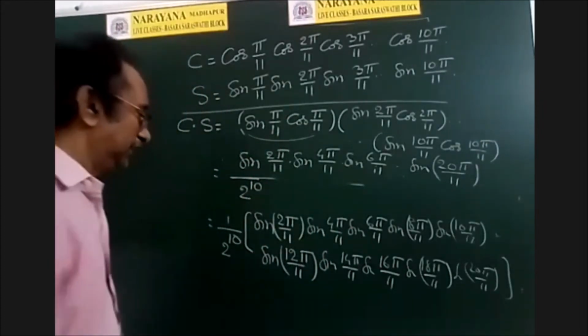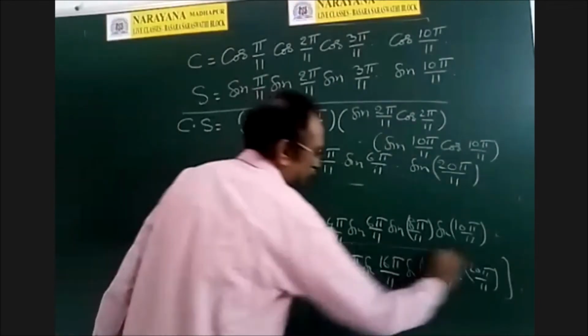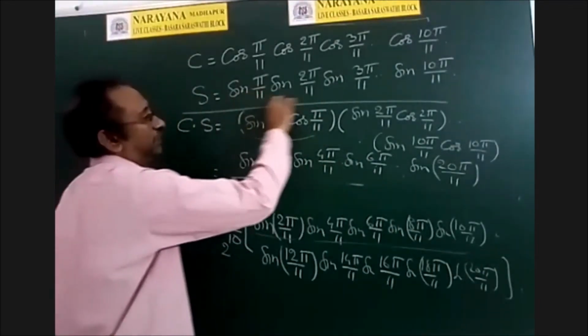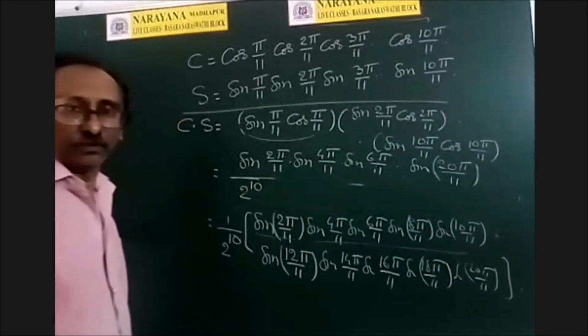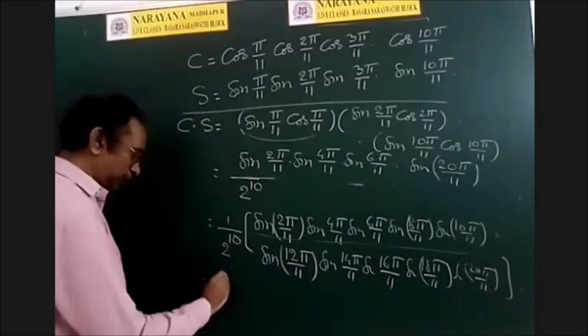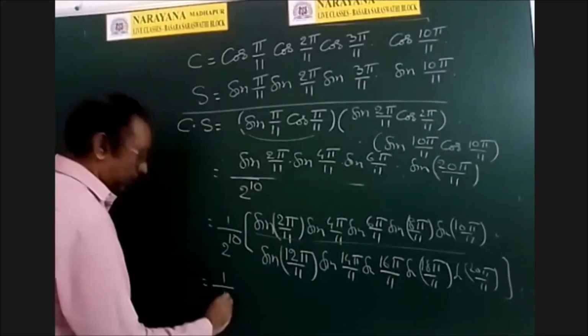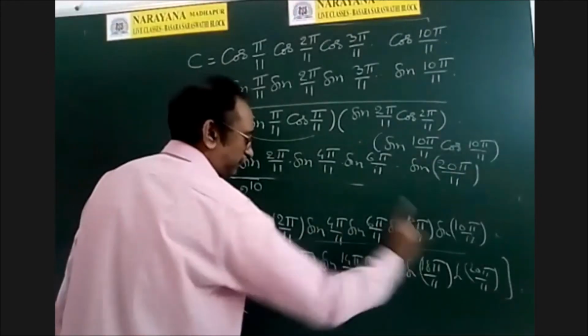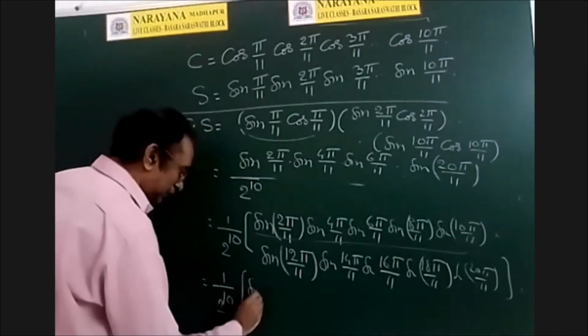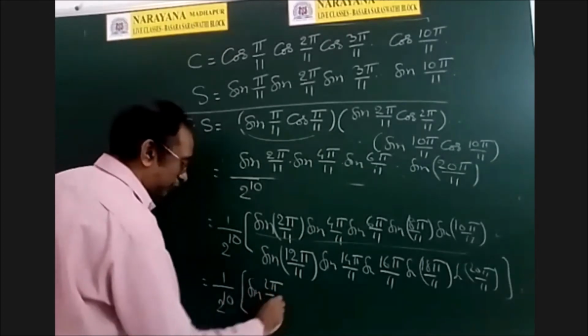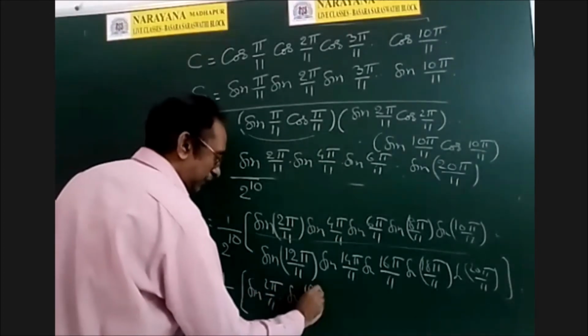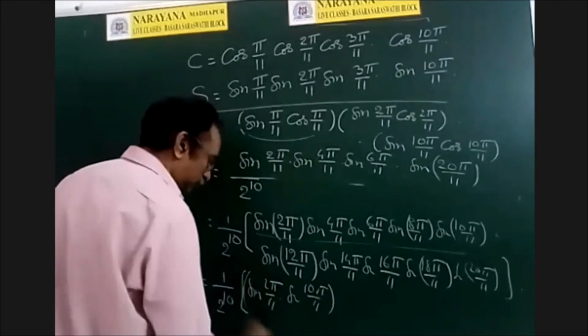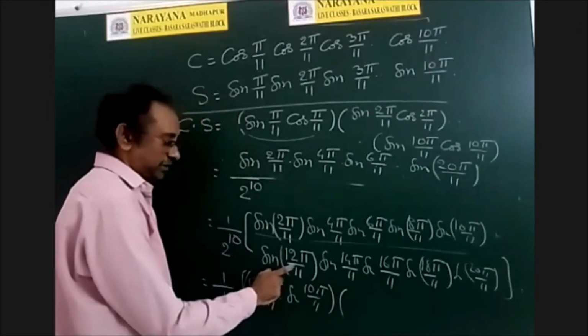Okay. Right. See, now these 5 terms are already there in capital S. You just believe me at this stage. After that, once again I prove that. Suppose these 5 terms are kept like that. That is sine 2 pi by 11 into so on, sine 10 pi by 11 into, see this one.